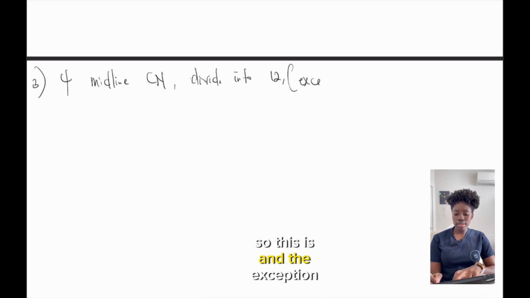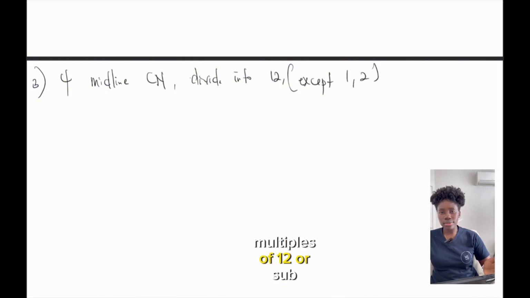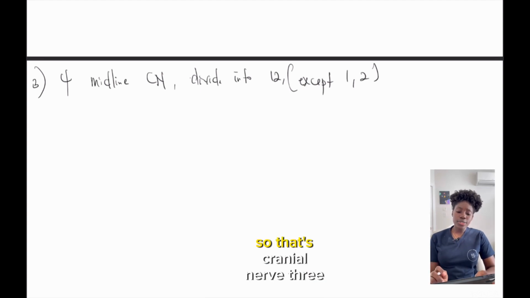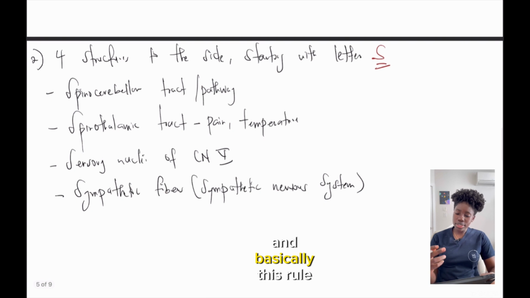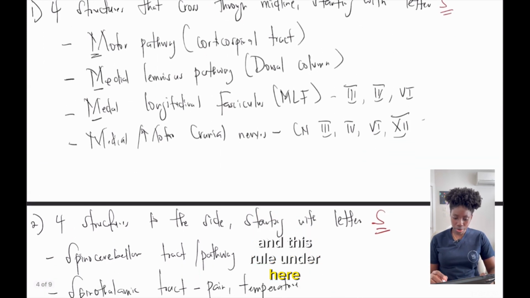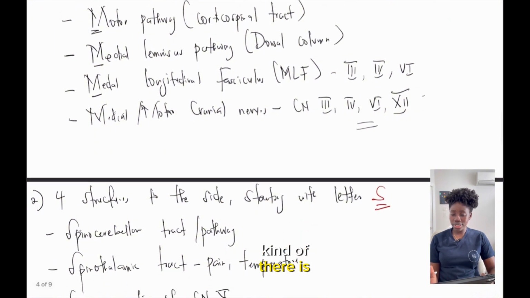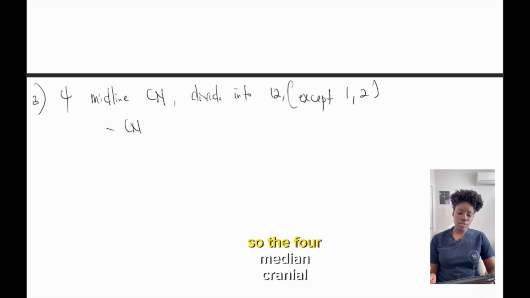The exception to this rule is 1 and 2. So there are multiples of 12 or submultiples of 12. And basically this rule and the rule under here, there is an overlap there because it's the same one. So the 4 midline cranial nerves divide into 12 except 1 and 2.